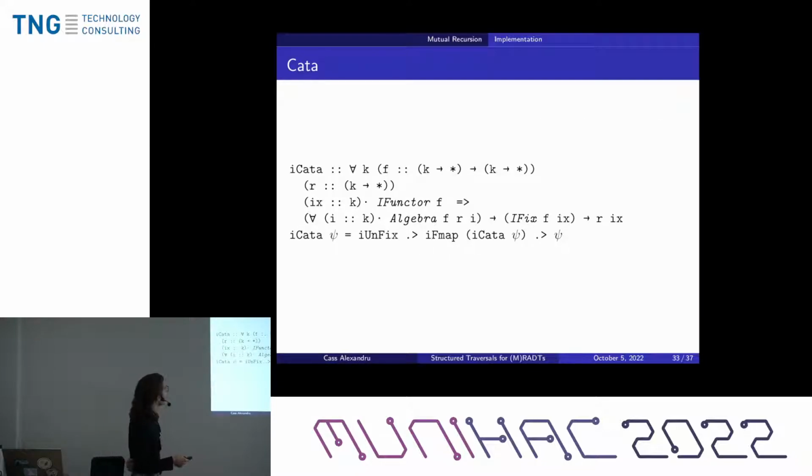And then we basically get our definition of an indexed catamorphism. Recall, our structure functor got as an argument this lookup table.